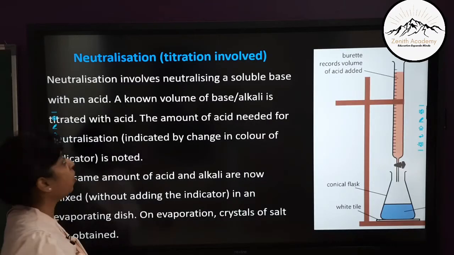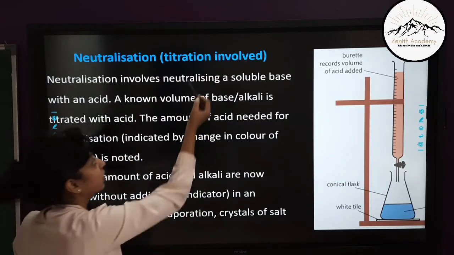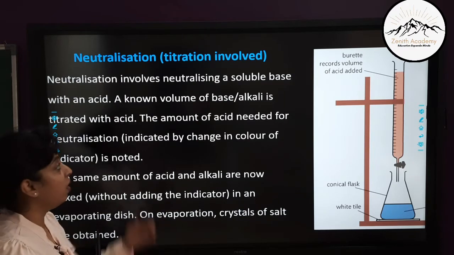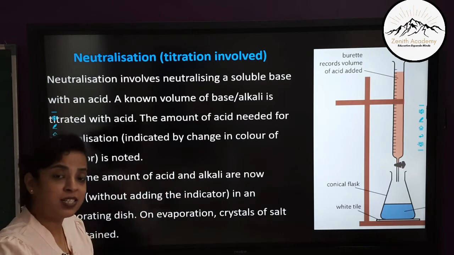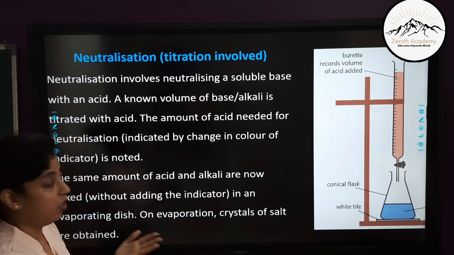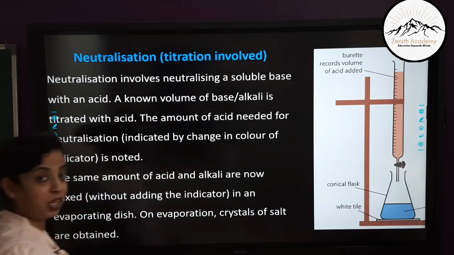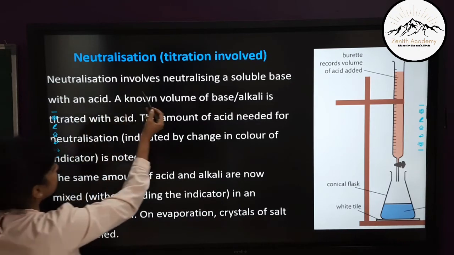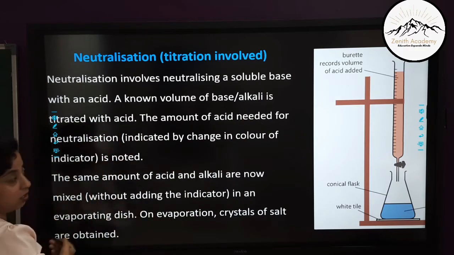So now let's talk about neutralization reaction for production of salt, in which titration is involved. Now in this method we can use only soluble bases and acid, because in this we have to take a solution of base, that is we have to take an alkali. So neutralization involves neutralizing a soluble base with an acid.